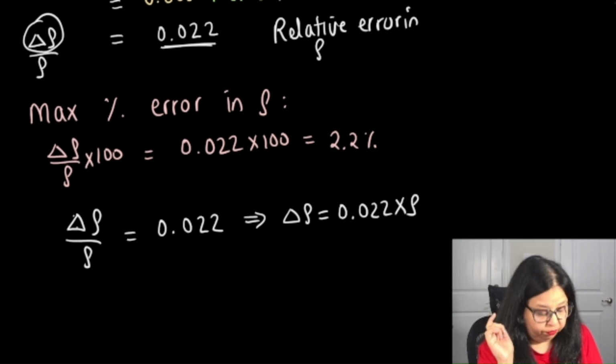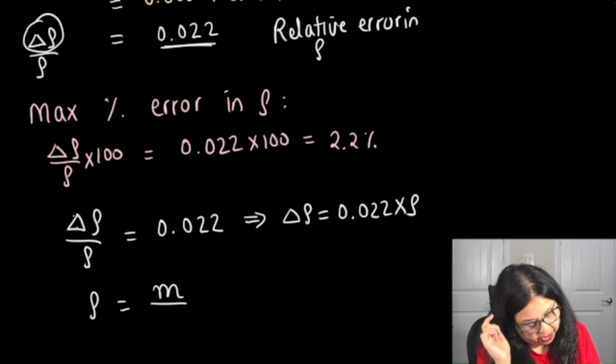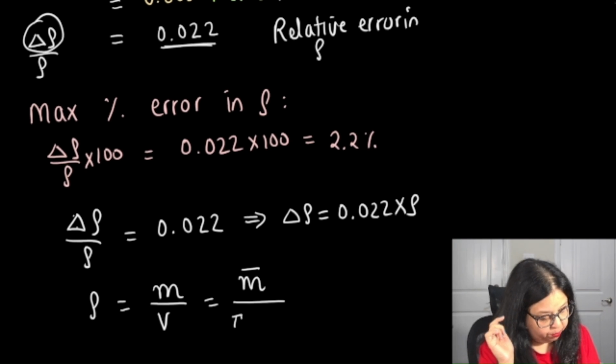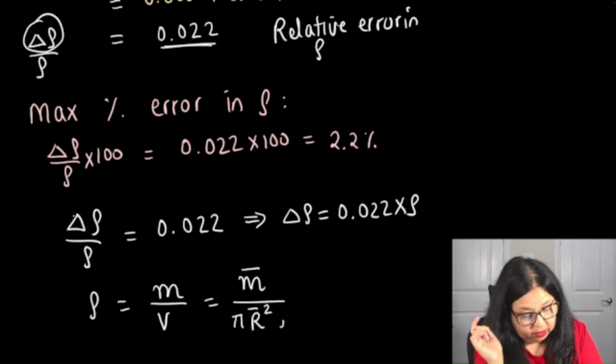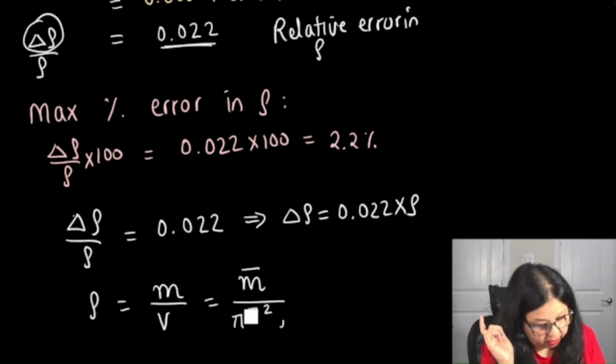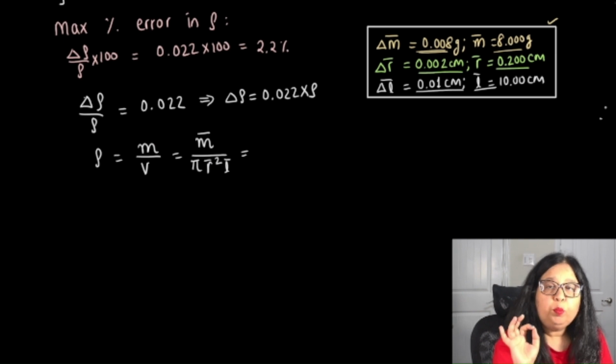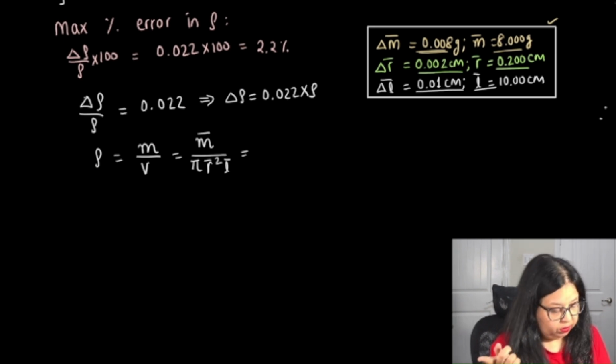So what's the value of rho? Rho equals mass divided by the volume. So this is the average mass divided by pi times r bar squared times L bar. Once again, lowercase r. Let's now plug in the values of the variables.